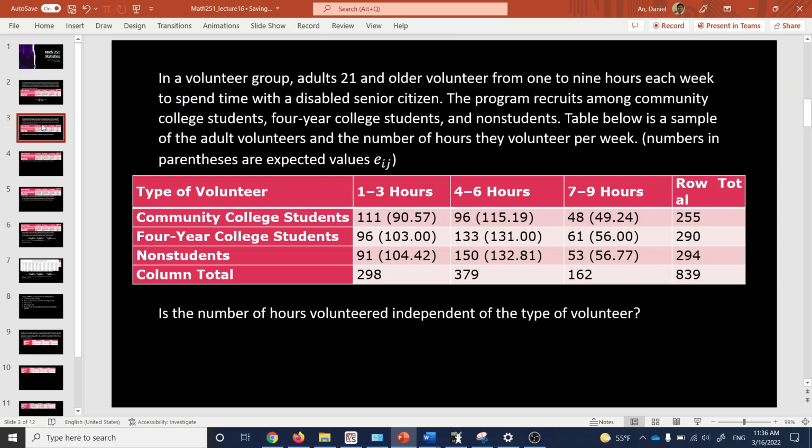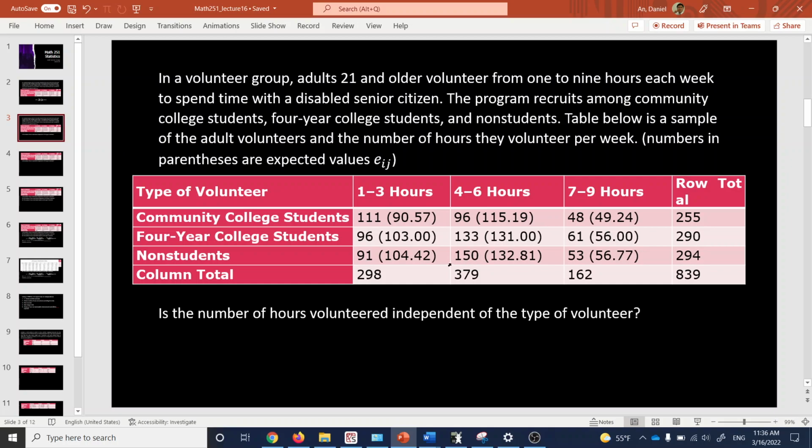Now, the question here is: is the number of hours volunteered independent of the type of volunteer? Is there some kind of trend? Just looking at the raw data, it looks like the non-students, students who are not in college, seem to be spending more time at 4 through 6 hours.